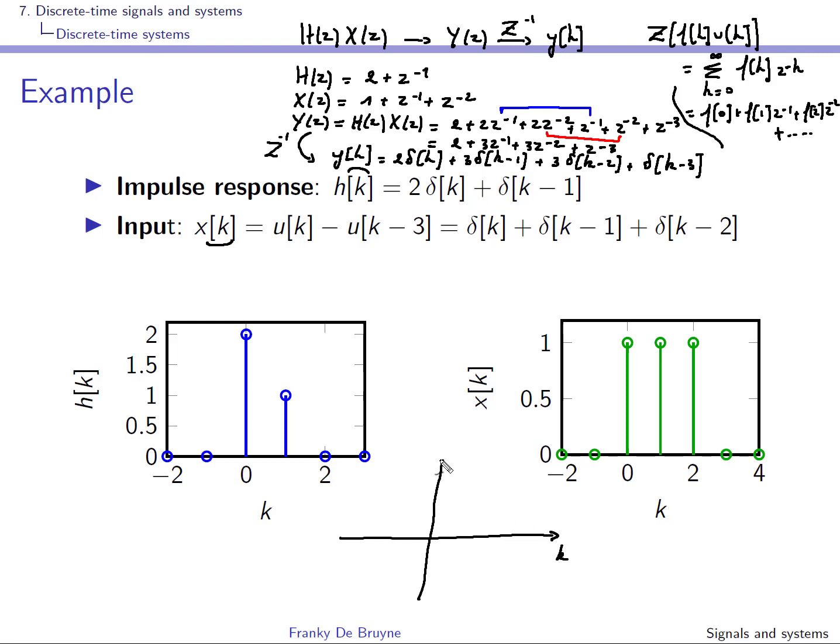Okay, so if we have to draw this, y of k, the signal is causal since we are taking the convolution of 2 causal signals, and you can see that in 0, if you put k is equal to 0 over here, we'll have this term contributing, so we'll have a 2 over here.